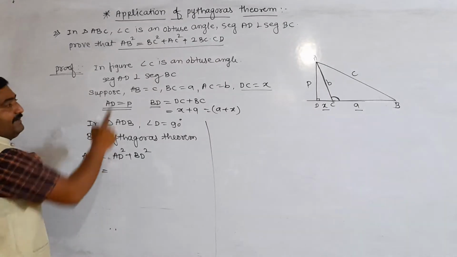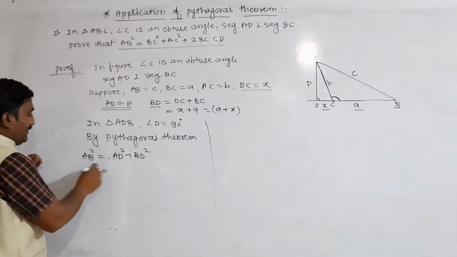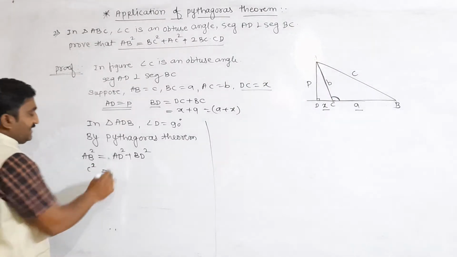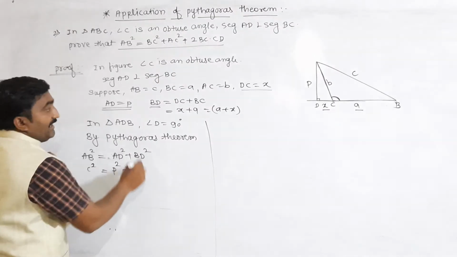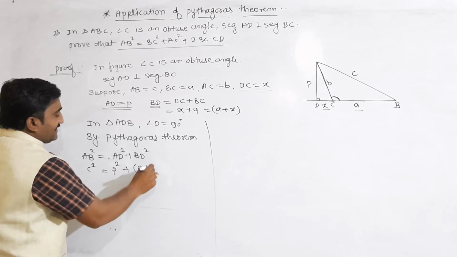So AB square means c square is equal to AD square means p square plus BD square, BD ची value (a plus x) bracket square.